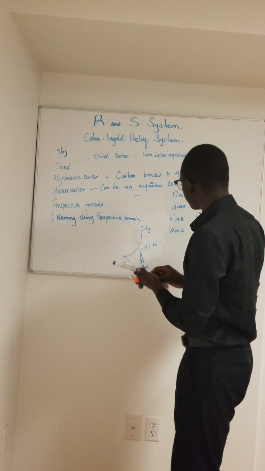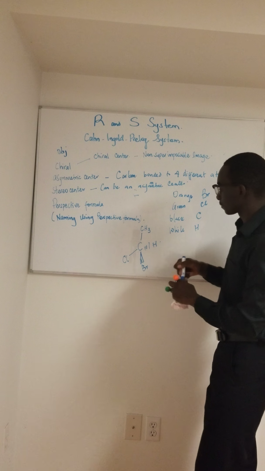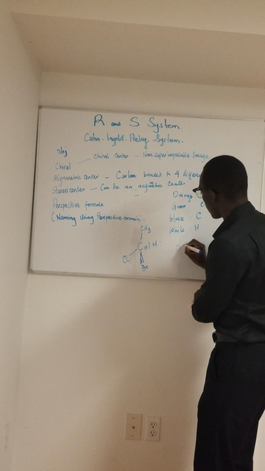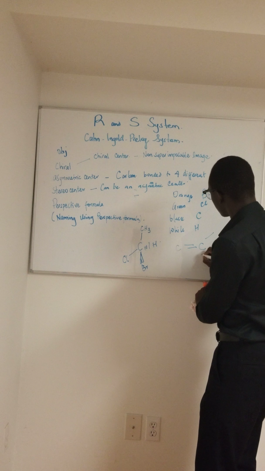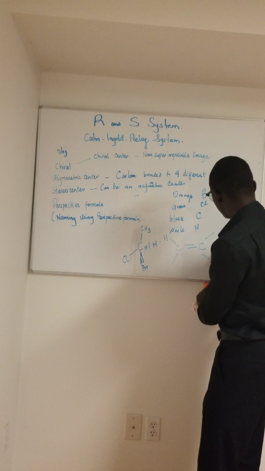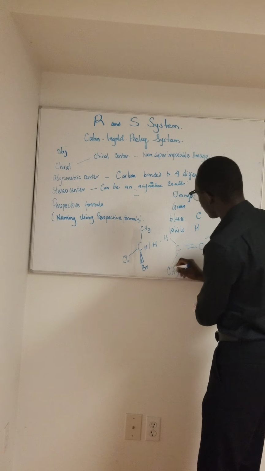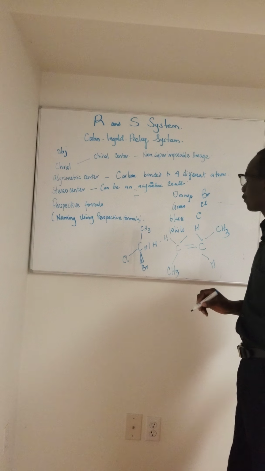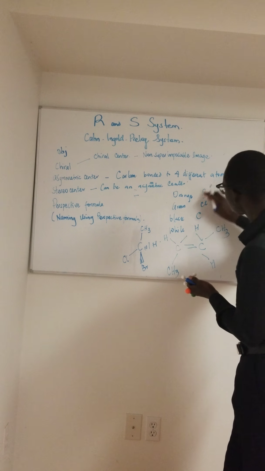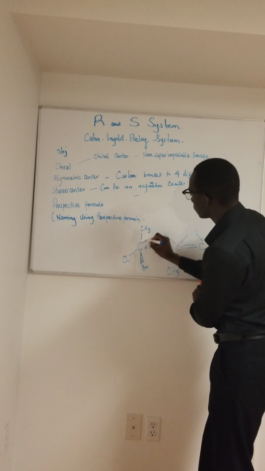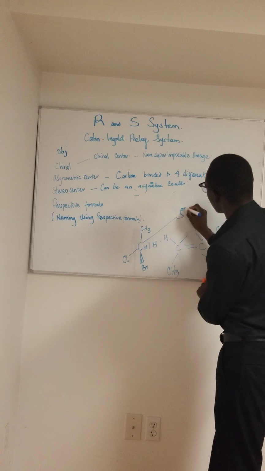So this carbon is a stereo center, and also if I have hydrogen, hydrogen, so if I have this alkene, this is a stereocenter and this is a stereocenter. And also this carbon is a stereocenter.